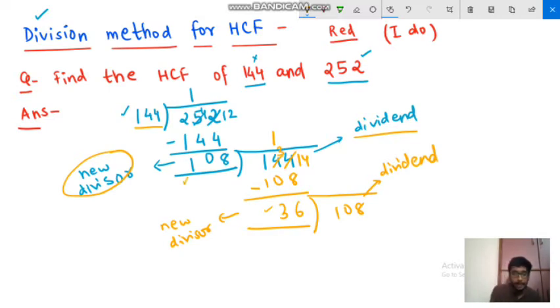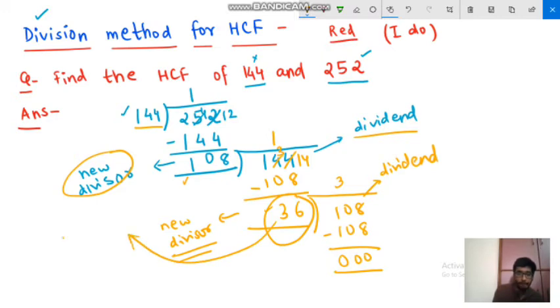Here we got 108 as remainder, which was not 0. Then we got 36 as remainder, which is not 0. So you take 36 as the divisor and 108 as the dividend and divide. You will find that 36 times 3 is 108 and now you get 0 as the remainder. So this 36, the last divisor you had, becomes your HCF.